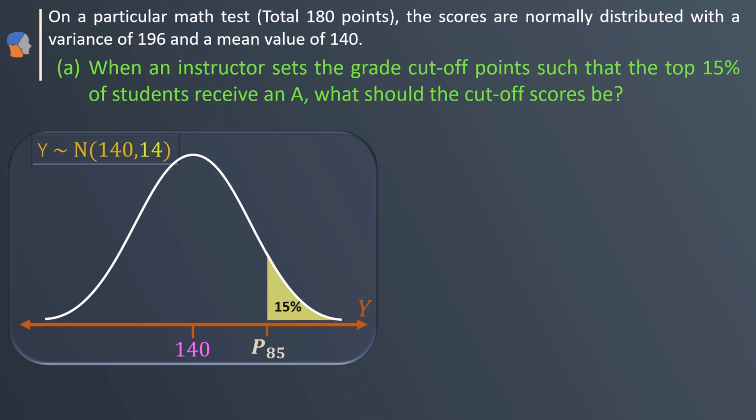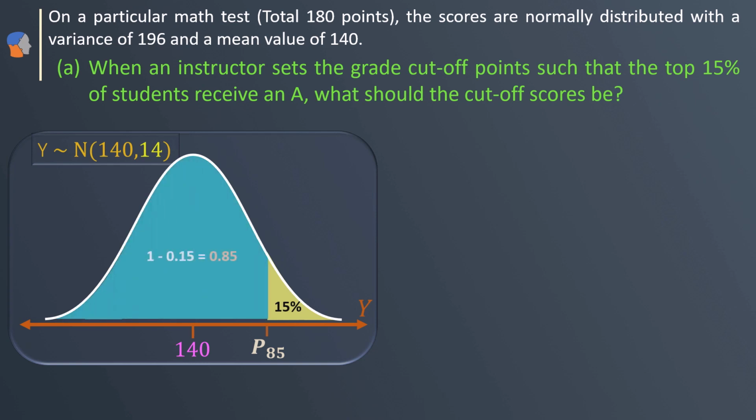Okay, why do I use P85? I will explain. First, can we use the z table to find this P85 directly? Not yet. Again, why? We need to find the left area, this area. How do we calculate this area?